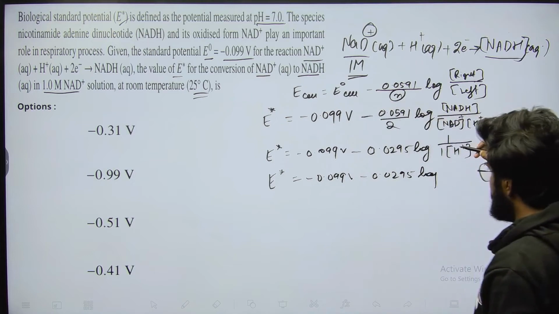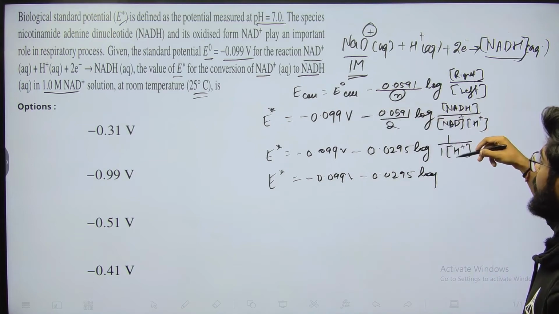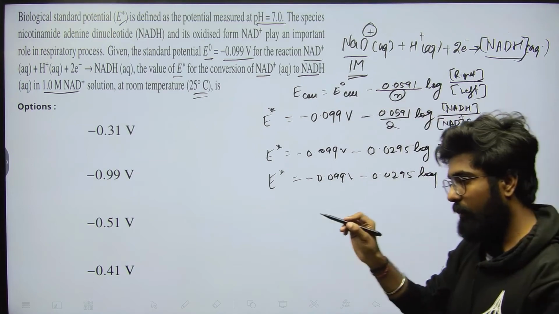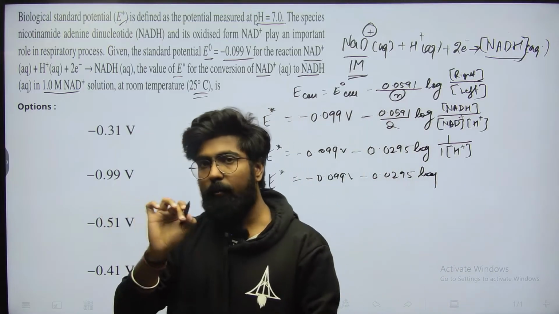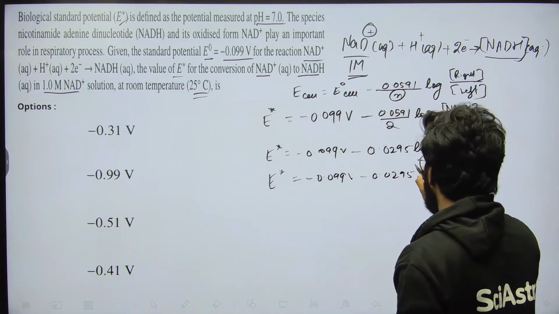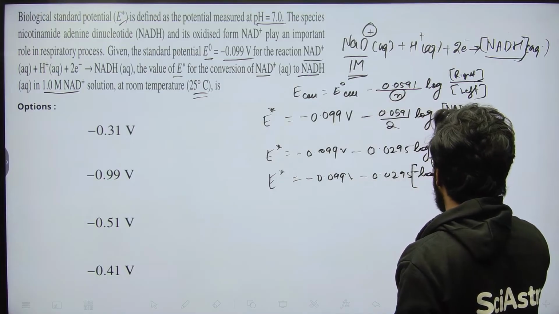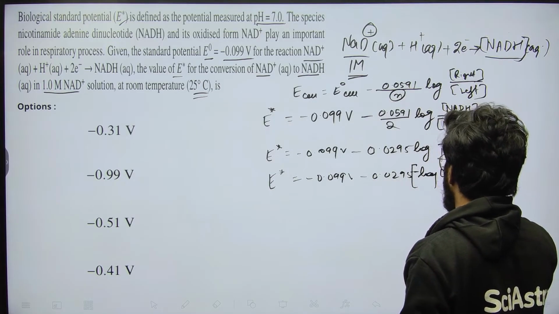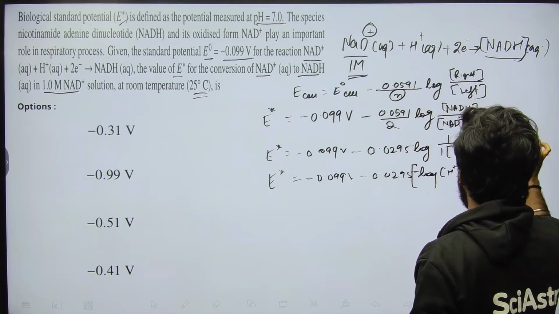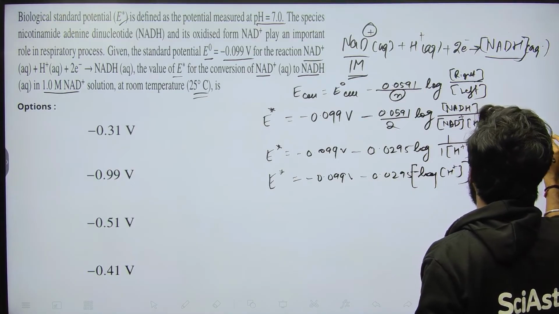If I just flip this denominator to the numerator, we know log 1 upon x can also be written as minus log x. So basically I will write instead minus log H plus, and we know that minus log H plus is basically pH, right?